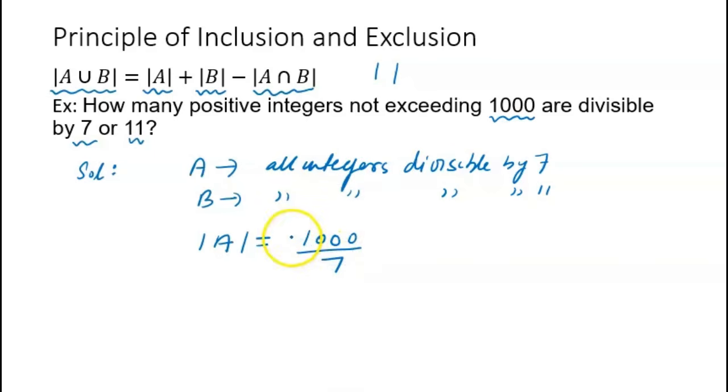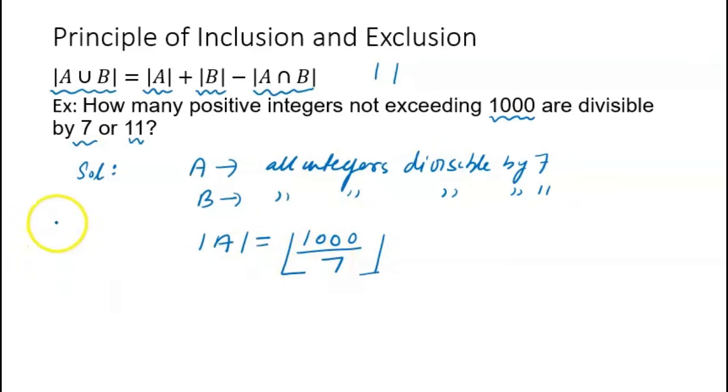So I take the greatest integer function value, right? In the previous example, when I was talking about the generalized pigeonhole principle, I was taking the ceiling function. Here I am taking the floor function, and the greatest integer function value or the floor function value is calculated by taking the greatest integer which is less than or equal to the number.